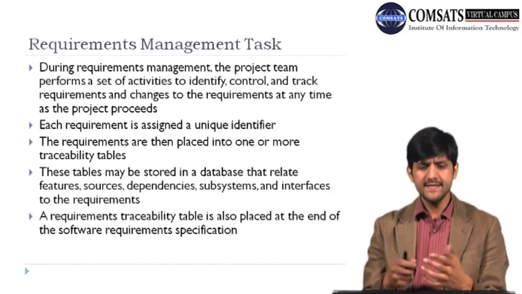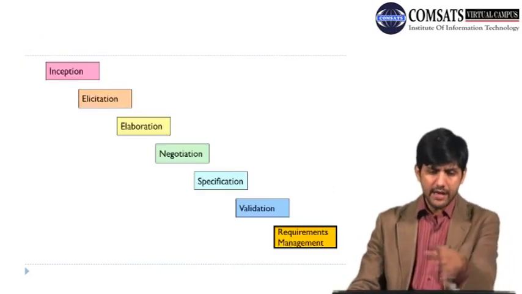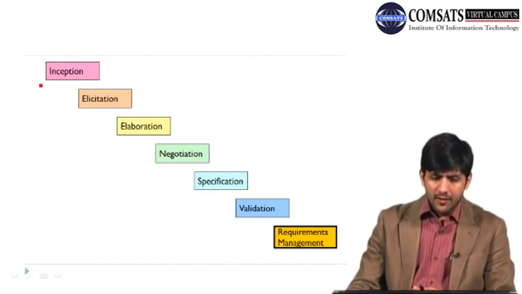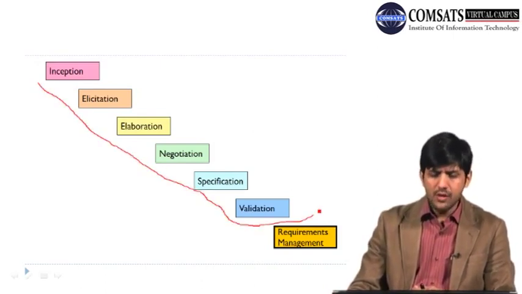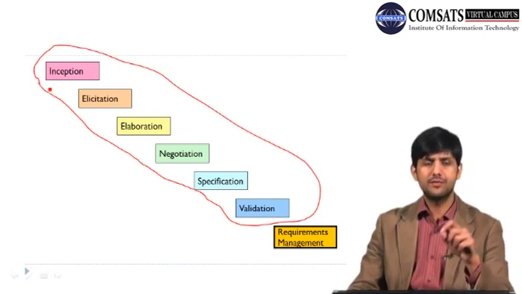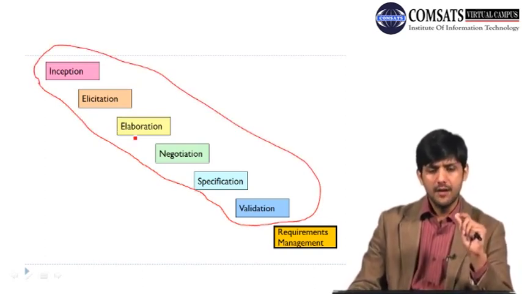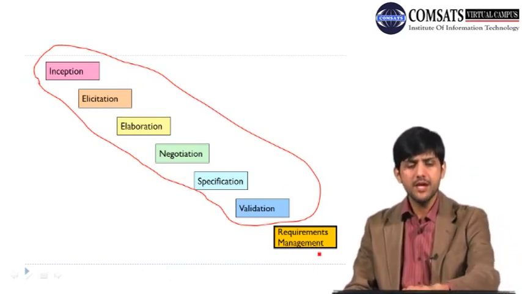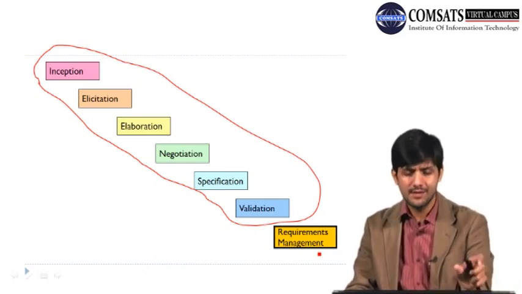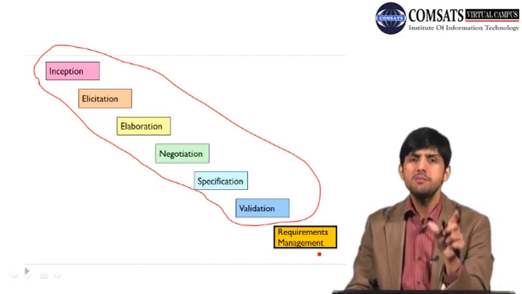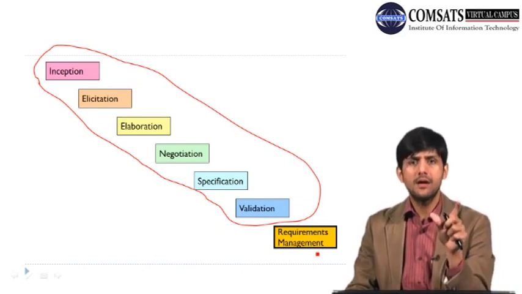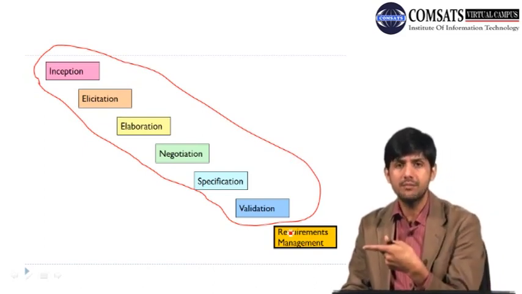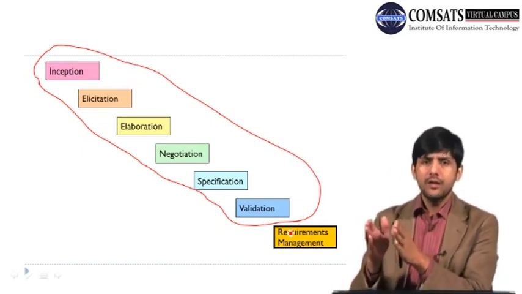If we go back to the diagram of the requirements engineering process, requirements management is there to support all of these 6 steps, or to manage all of these small tasks, because requirements management says that you will identify, control and track all the requirements and changes to the requirements at any point throughout the project.